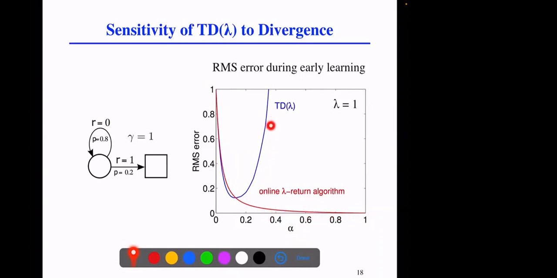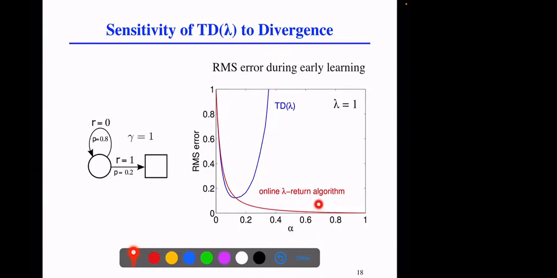However, for TD Lambda, for small step size there is an equivalence between TD Lambda and the online Lambda return algorithm, like the theory predicts. But for high step size, the performance of TD Lambda becomes very bad, and the error can blow up and go to infinity. So this shows that the online Lambda return algorithm is actually the better algorithm.